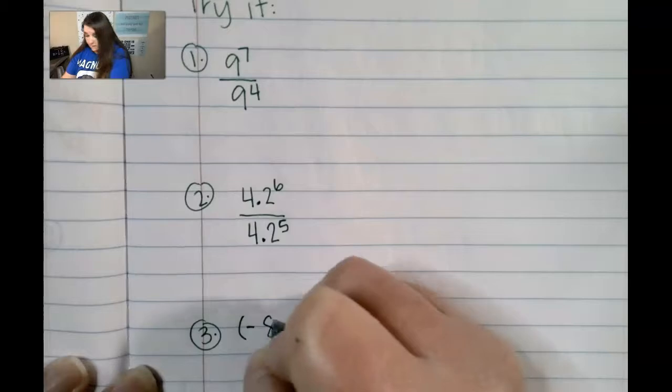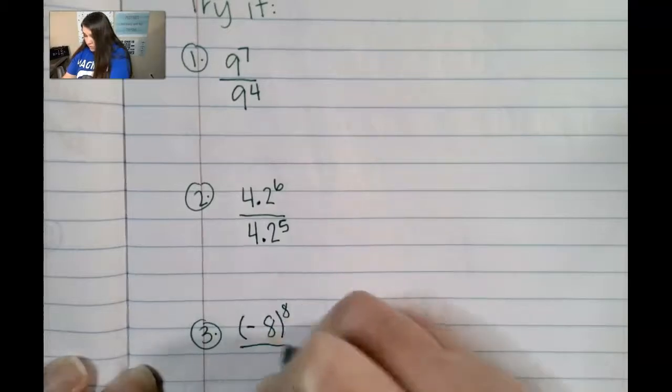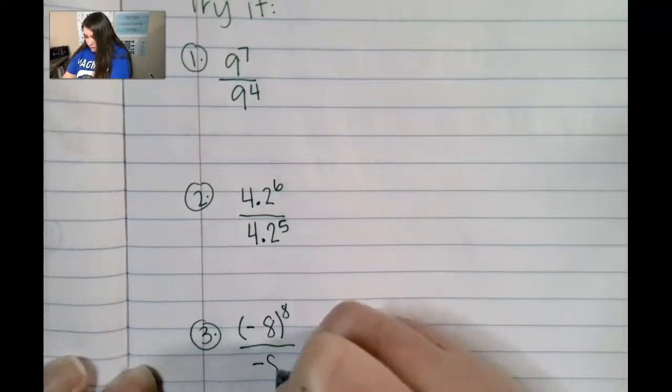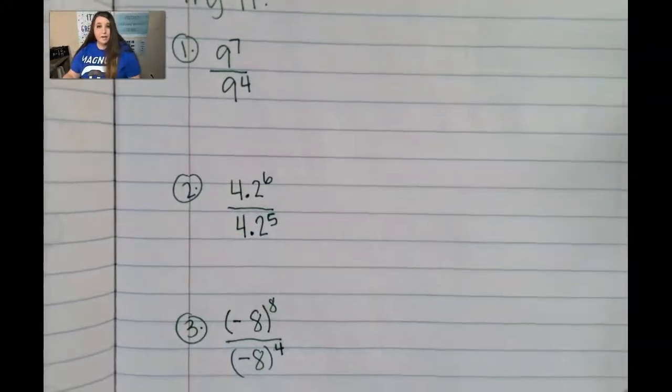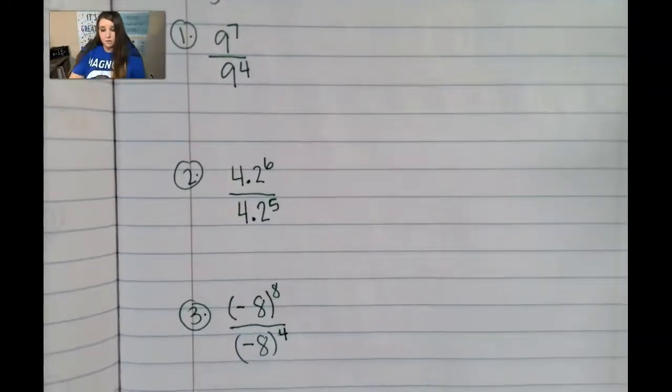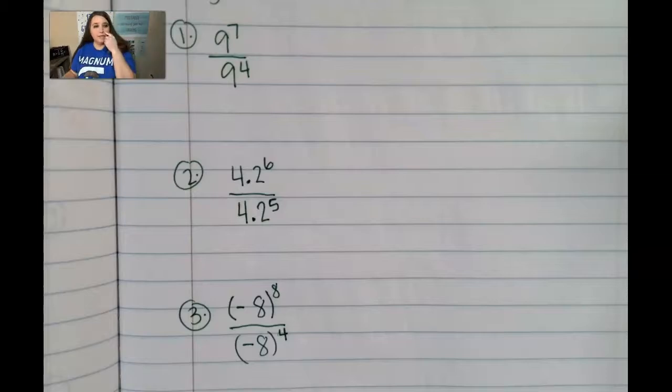So you have negative 8 to the 8th over negative 8 to the 4th. All right, go ahead and hit pause right now so you can solve these on your own without hearing me. When you are ready, come on back and check your level of understanding.